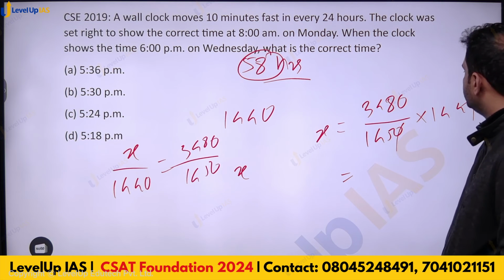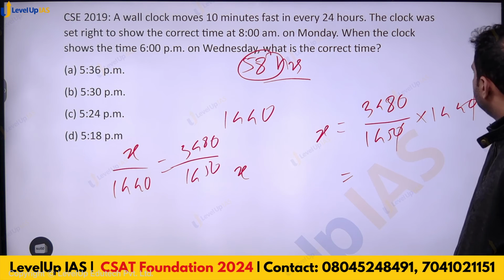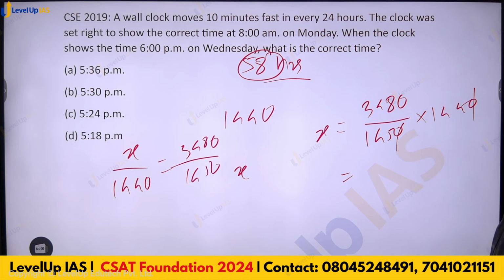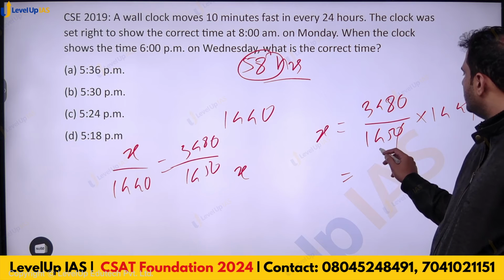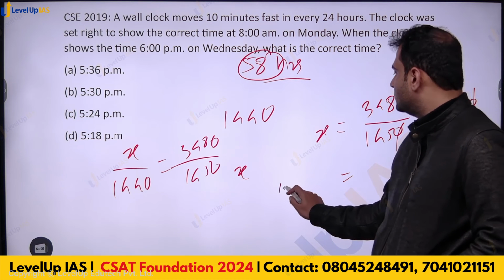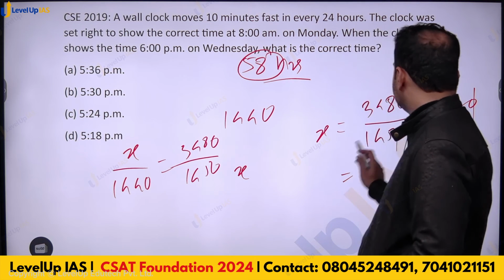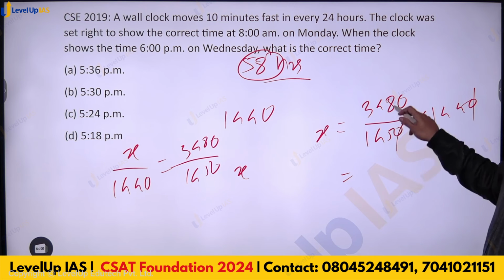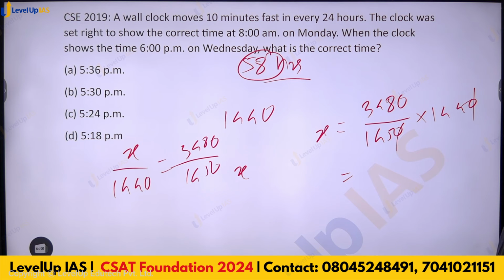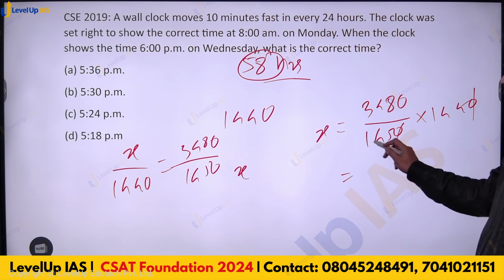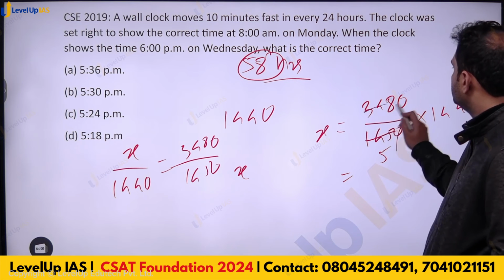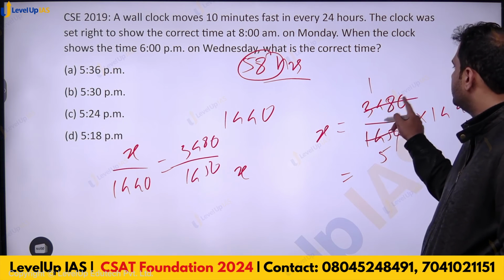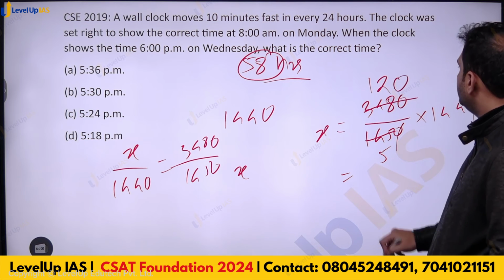Are there any factors that are common here? Here we have 5. If we divide this by 5, how much do we get? The factors of 145 are 29 into 5, no? It's 29 into 5. And is this divisible by 29 then? Yes, 29 5s are 145, 29 2s are 58, and 0.